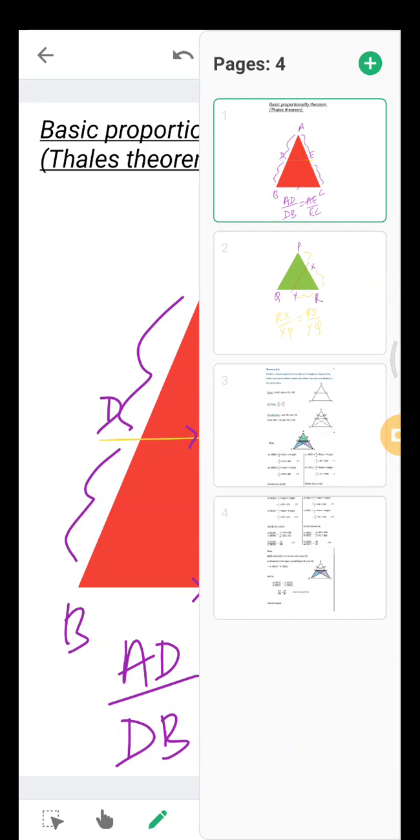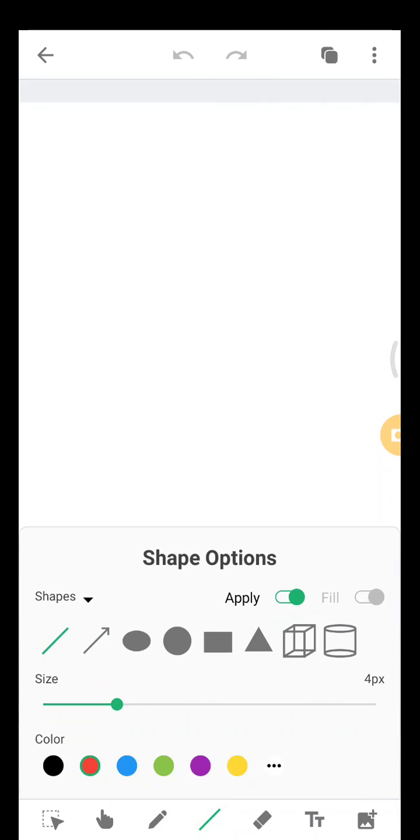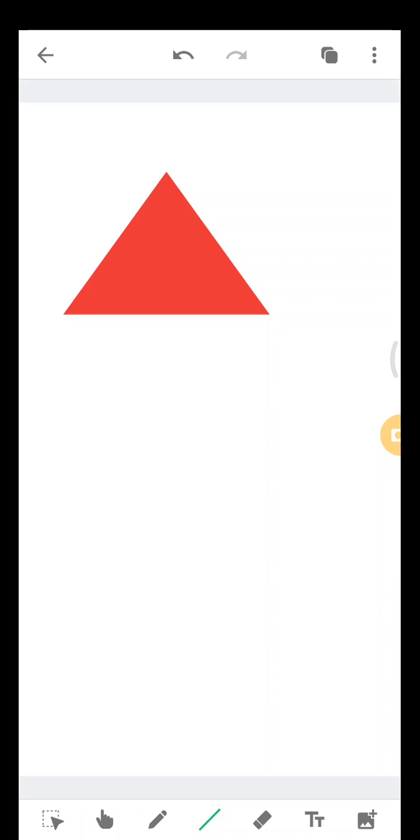Now before we go for the theorem, let us see a few more concepts. If I directly explain the theorem, then you may get confused. So let's clear a few of your confusions. Now I hope you all remember the area of triangle formula when base and height are given.